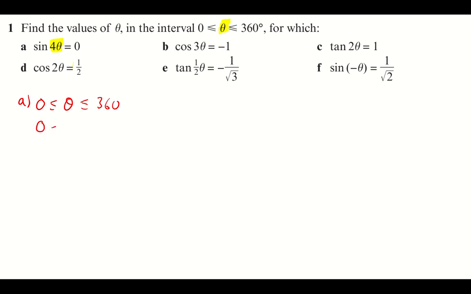So I'm going to multiply it by 4. So 4 times 0, 4 theta, 4 times 360. So 0 to 4 theta, and let's not make a silly error. 4 times 360, 1440.